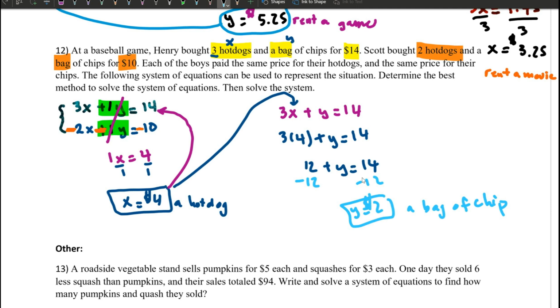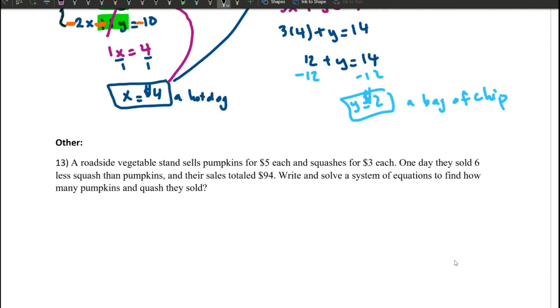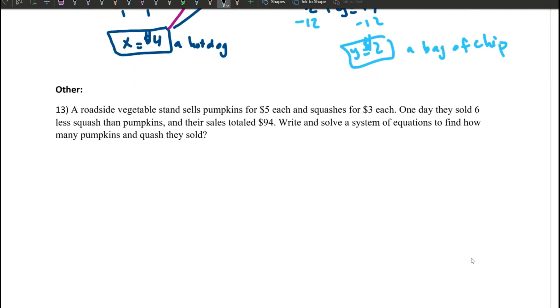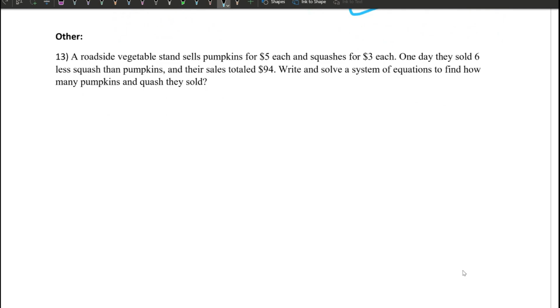Alright, we're heading to the last problem. It's a different form. It's not only y equal to mx plus b, or not only the standard form ax plus by equal to c. Let's see what the other stands for. Looks like a roadside vegetable stand sells pumpkin for $5 each and a squash for $3 each.